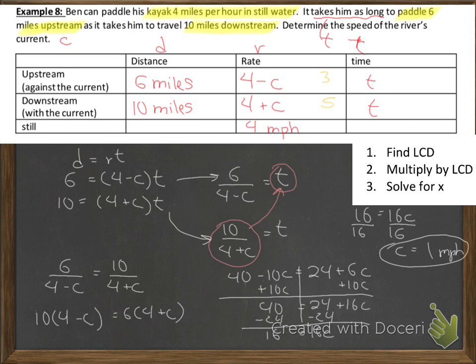If you wanted to, you could go back and figure out the time. If his speed is 3 miles an hour and he went 6 miles, he traveled 2 hours. If his speed is 5 miles an hour and he went 10 miles, again, it's 2 hours. They don't ask you to find t, so you don't have to do that.